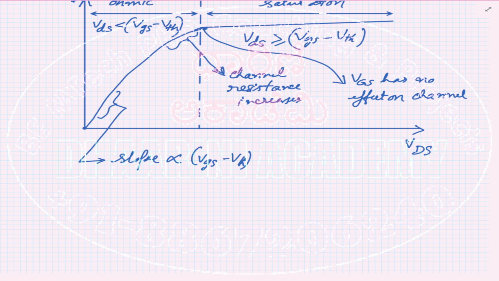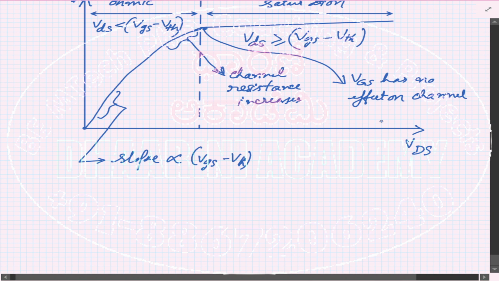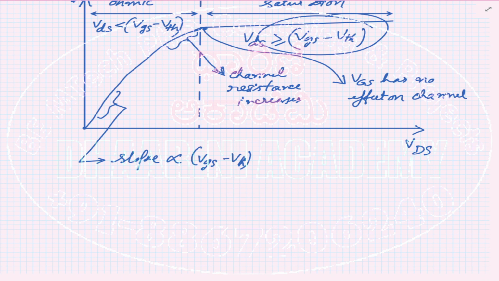But if you increase the VDS further, I'm not touching the VGS, the gate voltage. Gate voltage is sufficiently large, but I increase the drain to source voltage. If we keep on increasing this beyond this limit, VGS minus VTH, then the VG has no effect on the channel at all, which means the current becomes a constant. So that's why VG has no effect on the channel, and hence the current becomes constant.